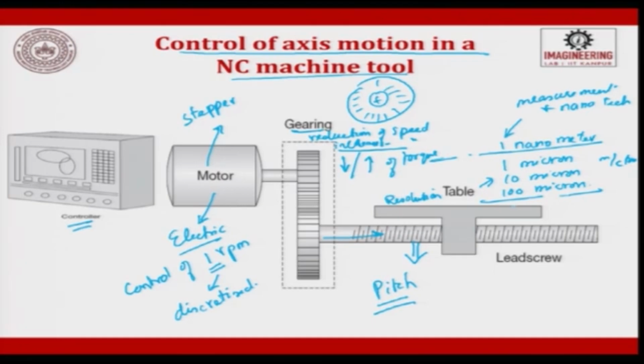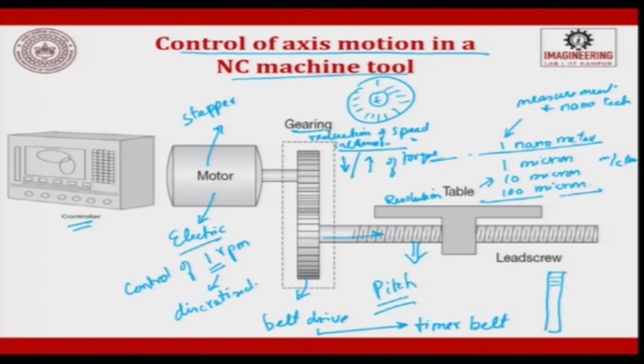If the distance between the motor gear and the table gear is slightly far off, then we always go for a belt drive. In many CNCs, in order to have reduced friction and a positive drive, we always use something called a timer belt.